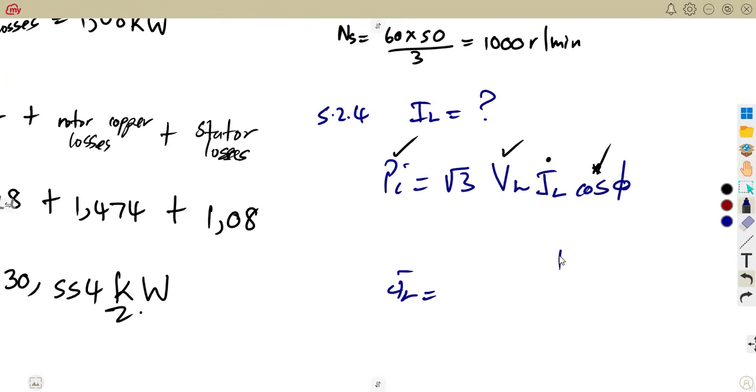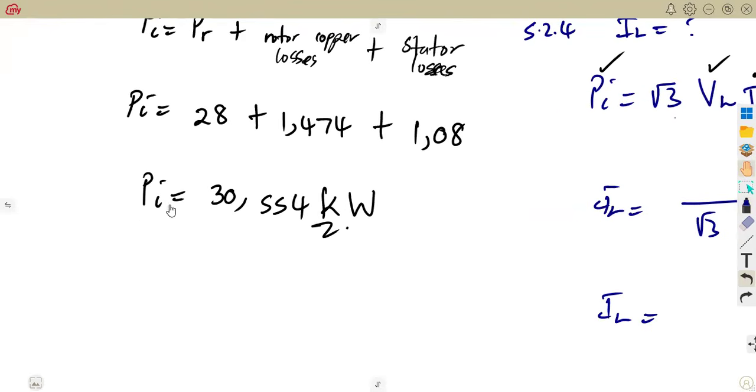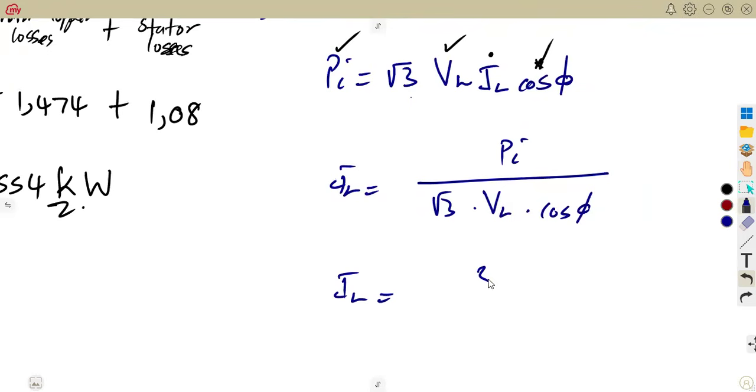So our current, dividing everything, we're going to have the square root of 3, the line voltage, and also our power factor. So let's substitute, guys. We have our input power. That's 30,554 kilowatts. So we're going to substitute your input power, 30,554 times 10 to the exponent of 3, over what?